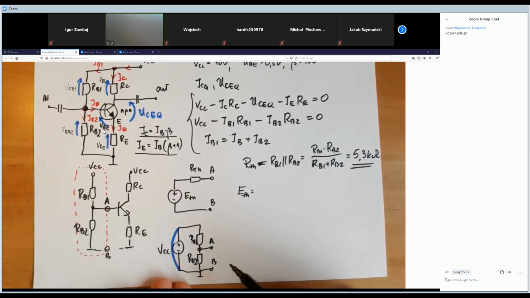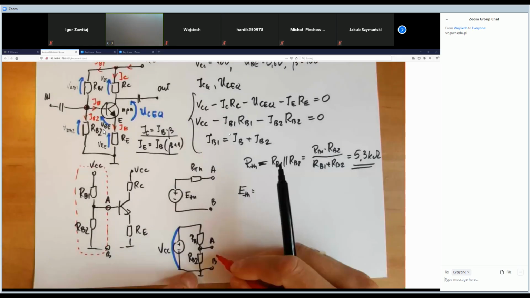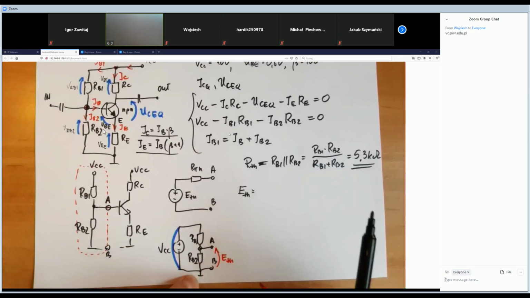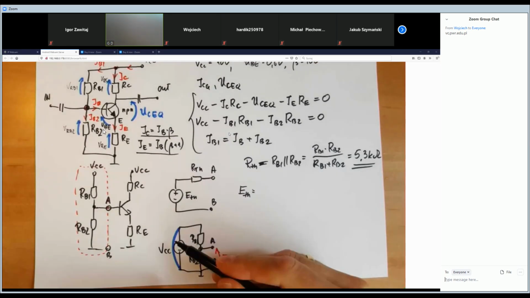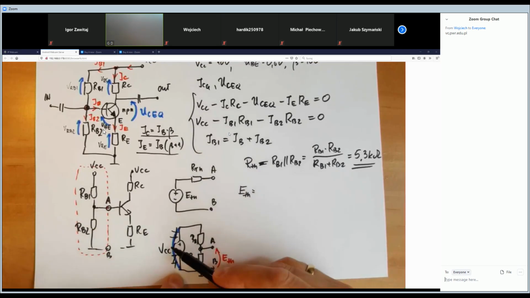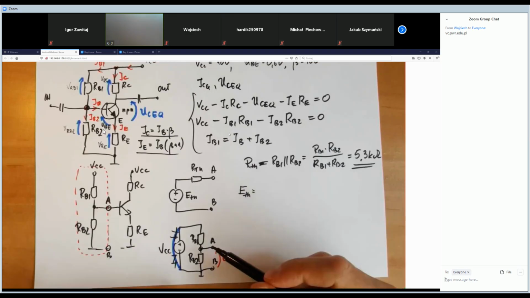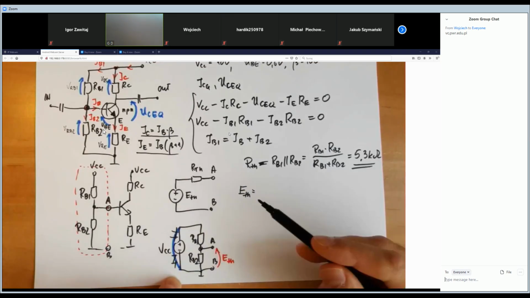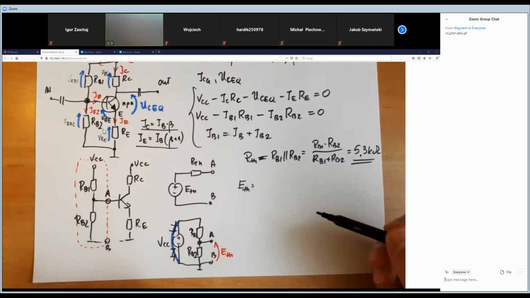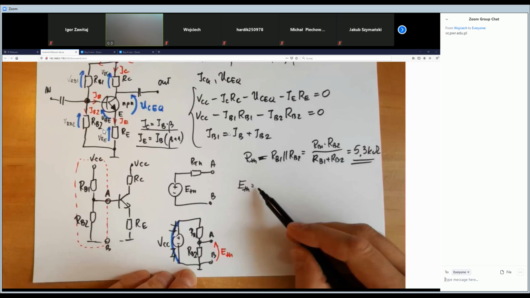Look, what is the ETH? ETH is the voltage drop between the open A and B points when we come back with the sources. So we've got the VCC here, we've got RB1, RB2, and we have to find the ETH. Please tell me, do you see the voltage divider here? This is the classical voltage divider. So please tell me what I have to put here.